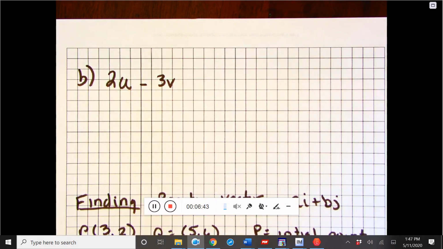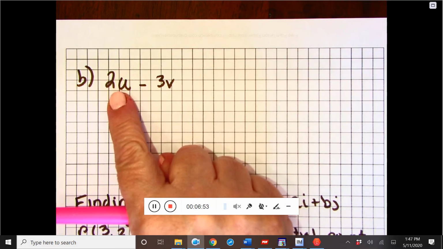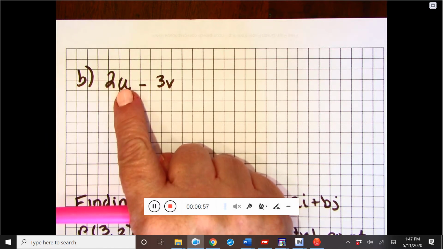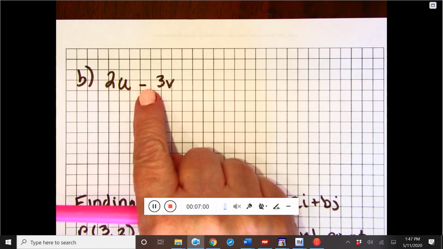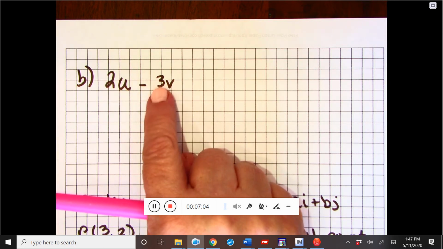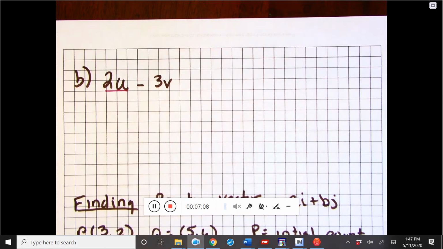Now we're going to look at subtracting two vectors and taking the scalar multiple of vectors. What this means is I need to take vector u and multiply it by 2, which means I take twice its length. Then I'm going to subtract 3v, so 3 times vector v. Let's start with 2u. If you remember correctly, u was 7 units horizontally.